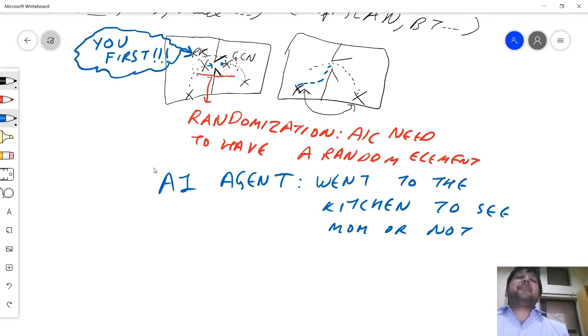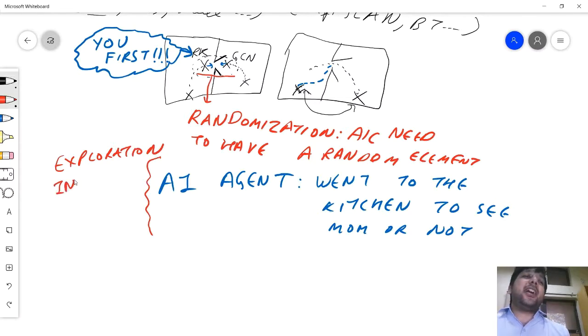A similar example will be that in the physical examinations, most of the students go to the washroom just to check if their friend is there or not. So this is called exploration. Exploration means that you are gathering information.